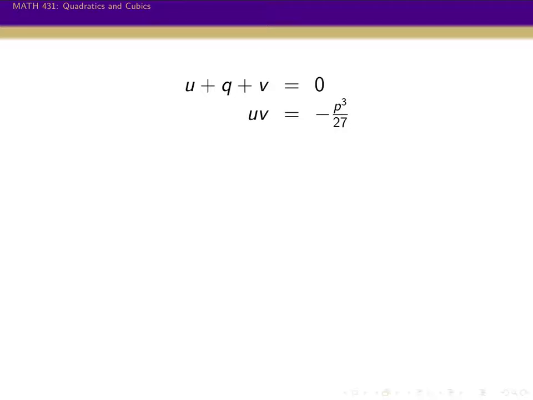And so at this point, we have really good hope that we can solve these. So if you think about q and p as being real numbers, then this first equation really is talking about a line. And then the second equation, u times v is equal to minus p cubed over 27, this is going to be a hyperbola in u and v.